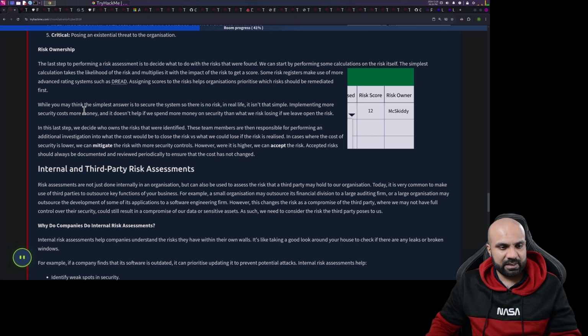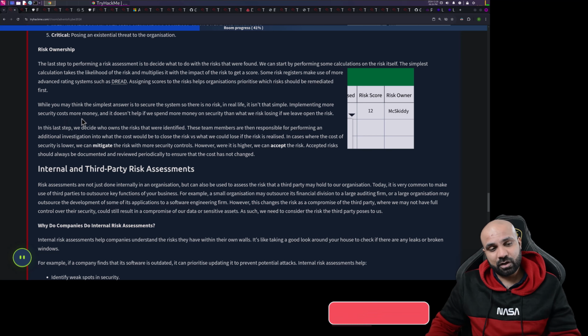While you may think the simplest answer is to secure the system so there is no risk, in real life it isn't that simple. Implementing more security controls will cost more money, and it does not help if we spend more money on the security than what we risk losing if we leave open the risk.